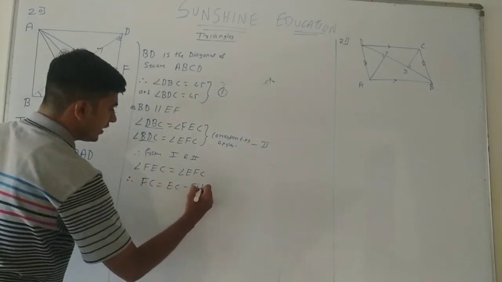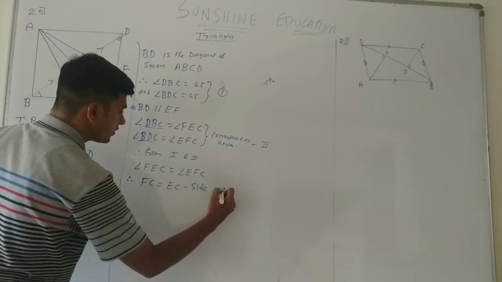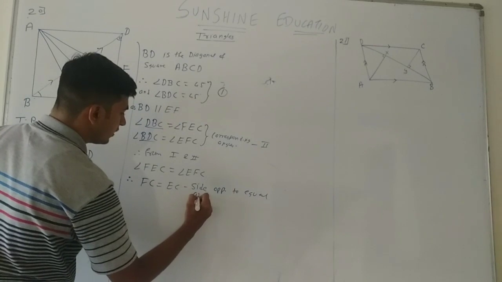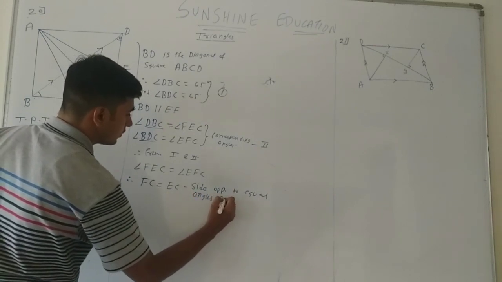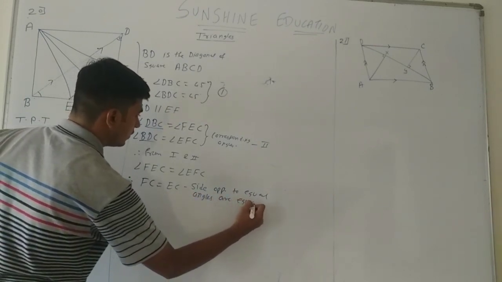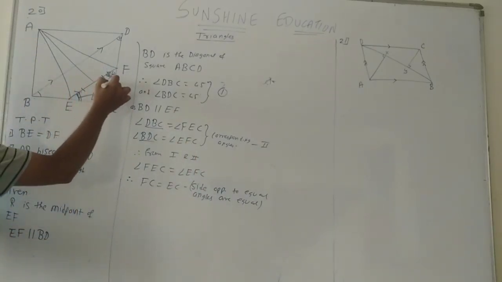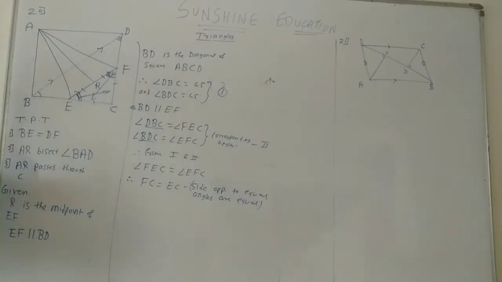Sides opposite to equal angles are equal. Therefore we have proved that FC is equal to EC.